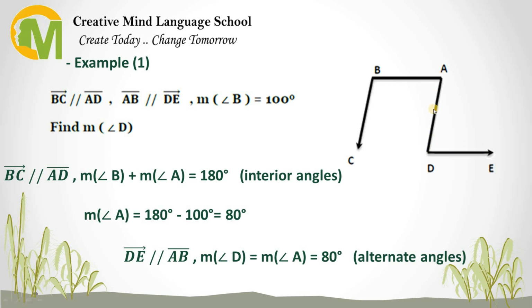Here, as you see, there is the Z shape. So measure of angle A equals measure of angle D. And we deduced that measure of angle A is 80 degrees. Then measure of angle D is also 80 degrees. And that's what the question wanted us to find.